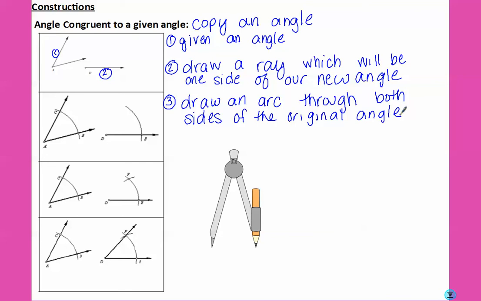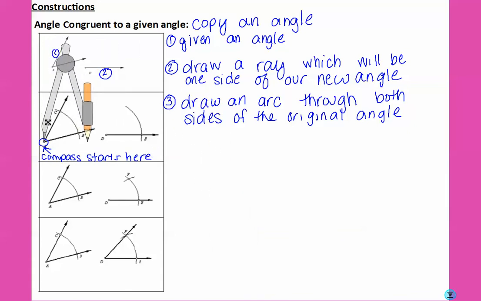And the compass is going to start on the vertex of our angle. So I'm going to put my center there, and I'm going to draw an arc that goes through both sides of my original angle.